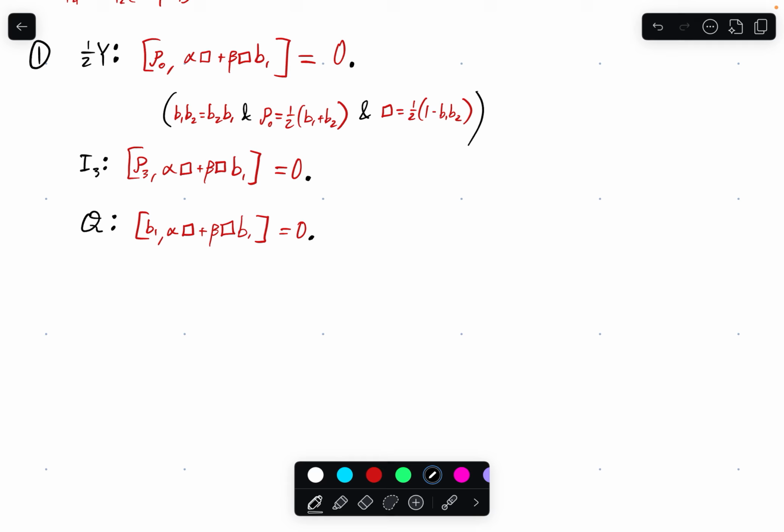Now, let's go to a less trivial case, and that is the hypercharge of the C2 field.